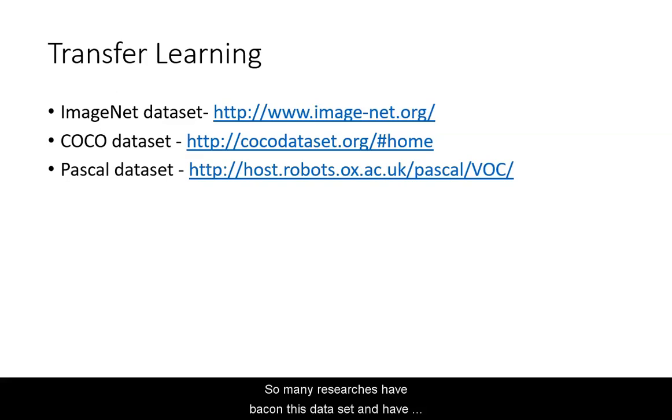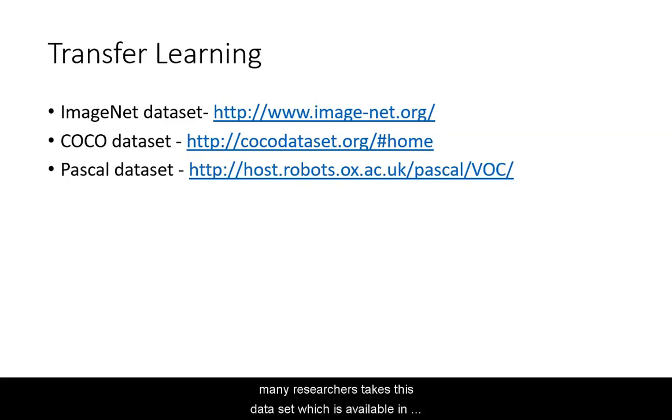So many researchers have taken these datasets and have trained their algorithms, like some of those which we have already studied: AlexNet, VGG16, LeNet, Microsoft ResNet, GoogleNet, and so on. Right?